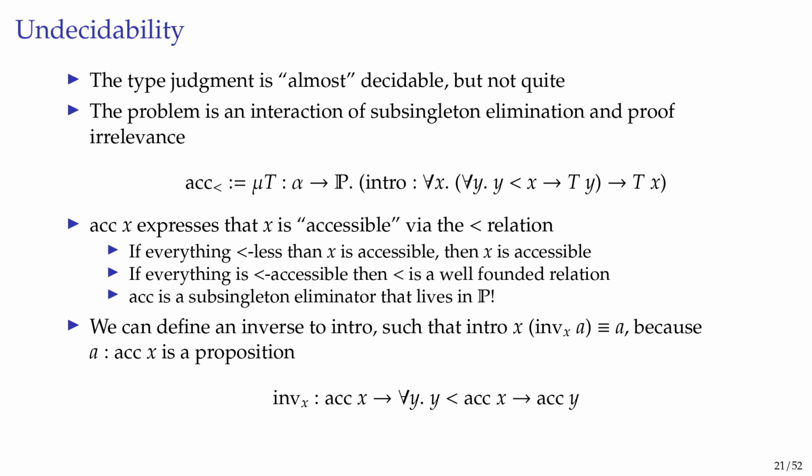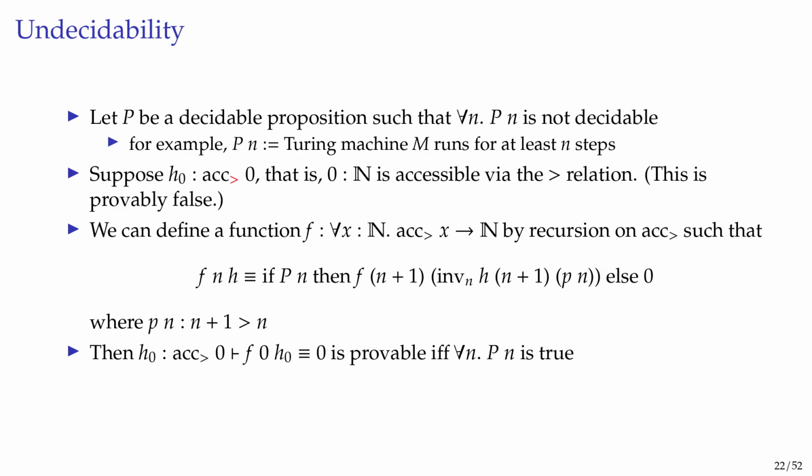So one of the interesting properties of the type system is undecidability. This is sort of one negative property of the type system. There's an interaction between subsingleton elimination and proof irrelevance, which means that you can do some construction, say that you have some recursion over this funny inductive type Acc, applied to Acc of greater. So Acc says that a relation is well-founded.